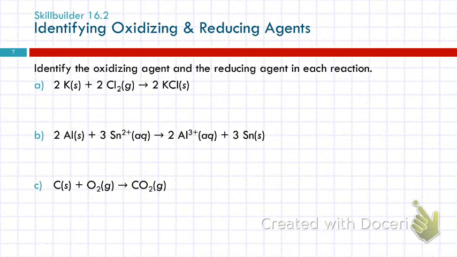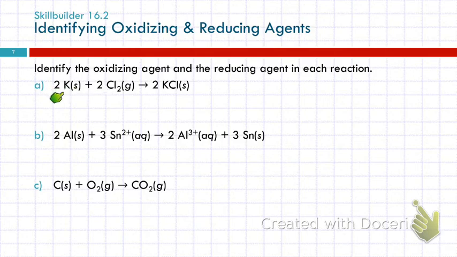Let's identify the agents. So we previously identified that this was oxidized. So what kind of an agent is that? The thing that's oxidized is a reducing agent because this is the thing that got reduced.